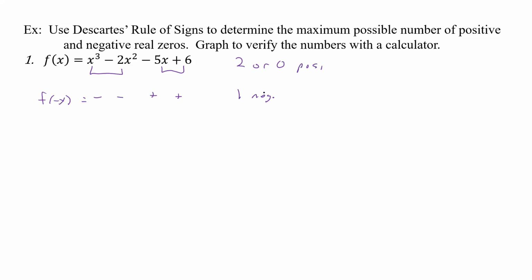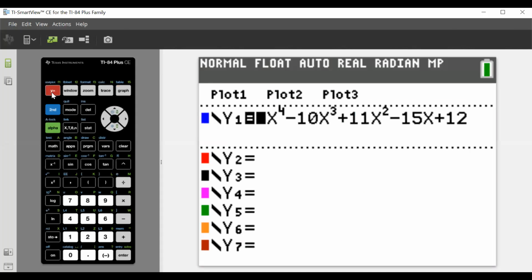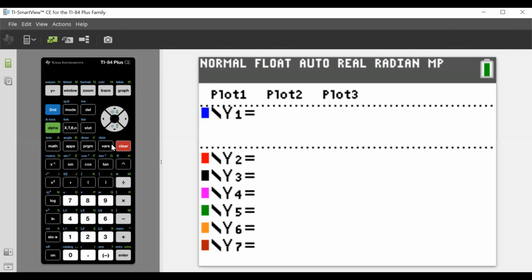Okay, now let's go ahead and plug that into our calculator and see what our value is. Now this time I didn't actually plug it in, so we're going to have to type it in. So we'll have x to the 3, remember to arrow down, then minus 2x squared, and then minus 5x, and then plus 6.